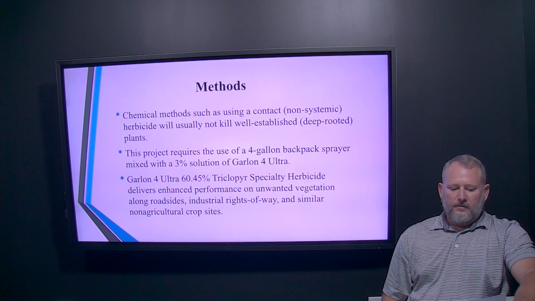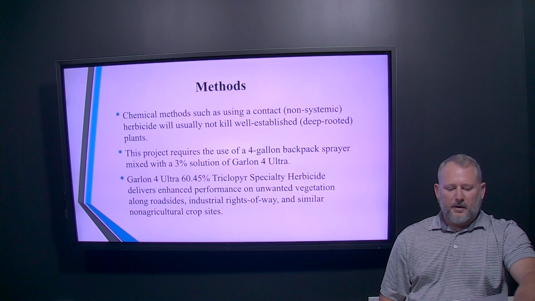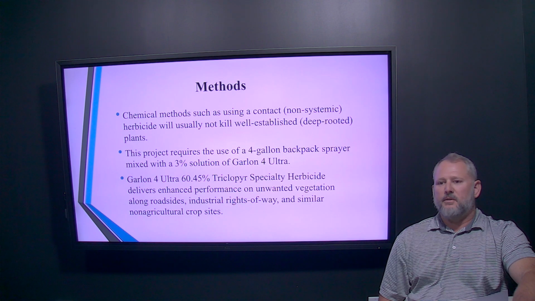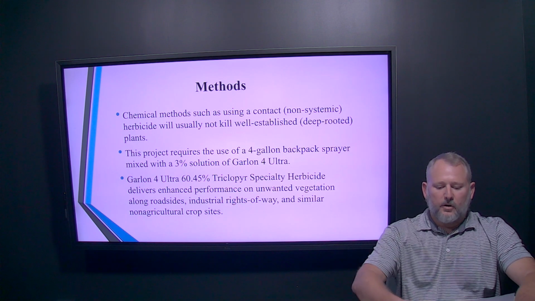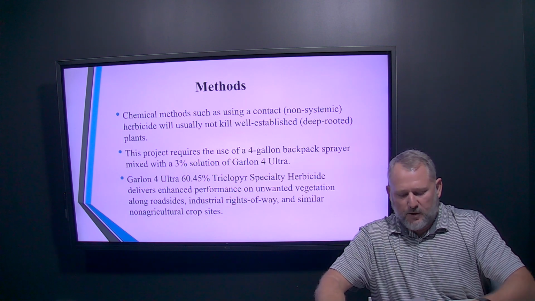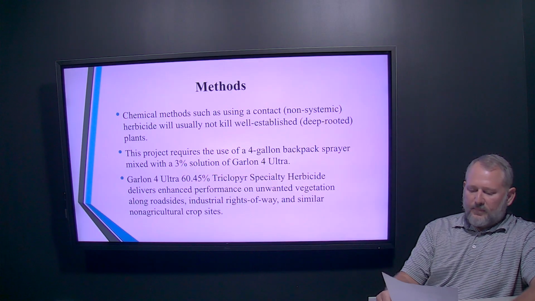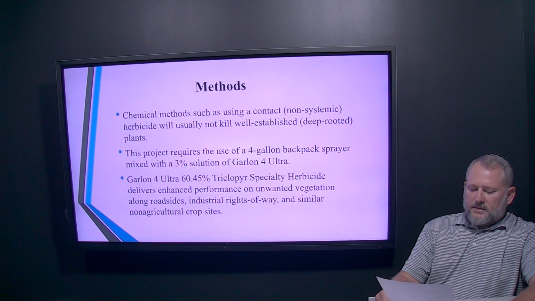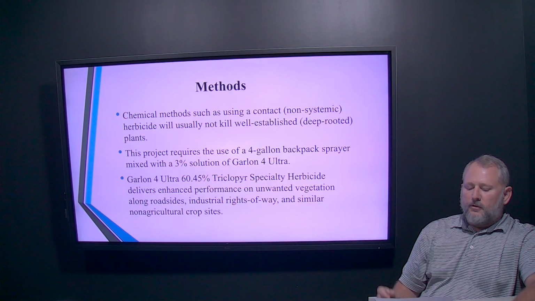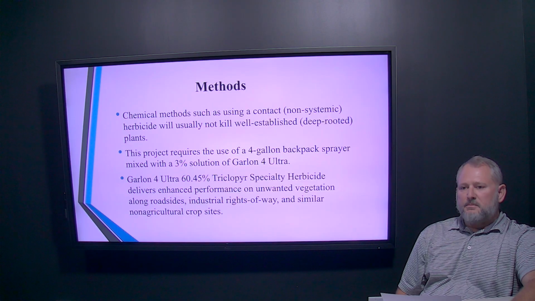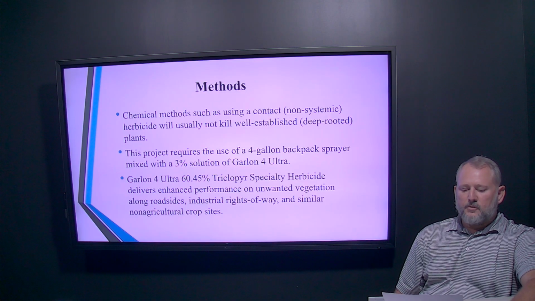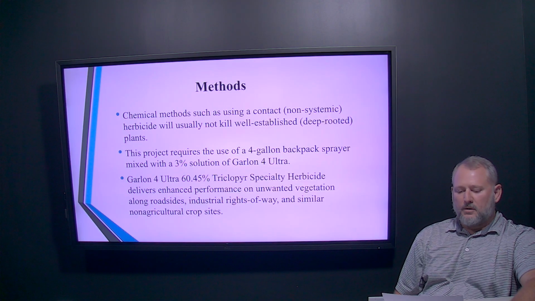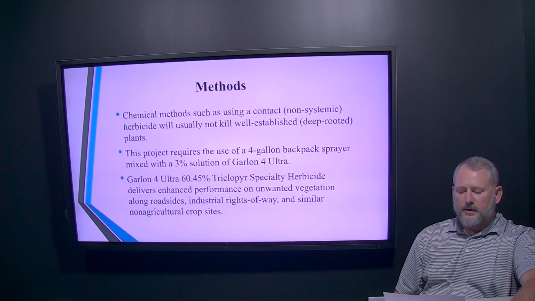I know that Garlon 4 Ultra is a basal bark spray, so I had to be very careful not to overspray due to the nature of the chemical. It is a liquid ester formulation for foliar and basal bark applications, meaning that it will penetrate through the bark into the cambium layer of trees to kill trees.